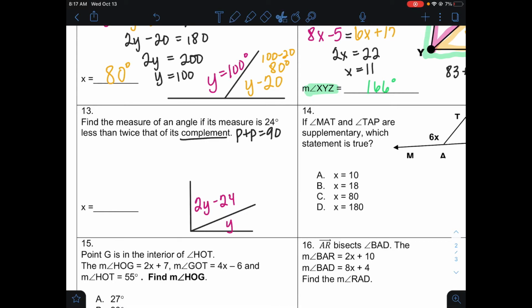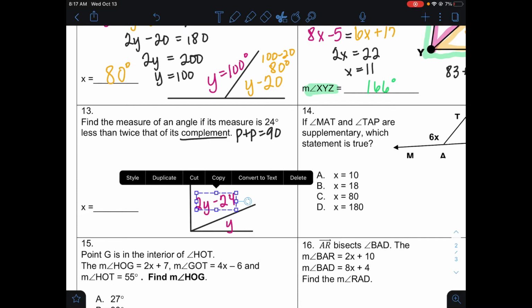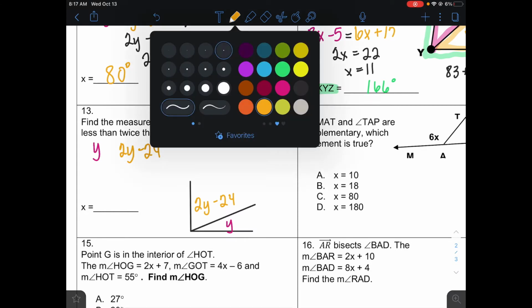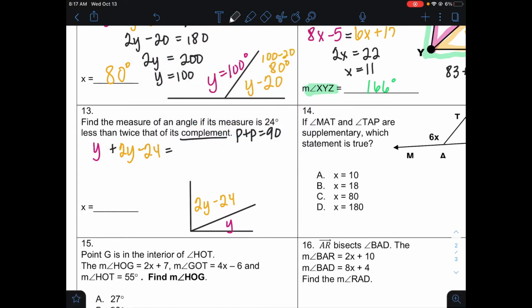All right, so now we're going to set it up. All right, so part plus part equals 90, so that's going to be y plus 2y minus 24 equals 90. And we're going to solve for y.